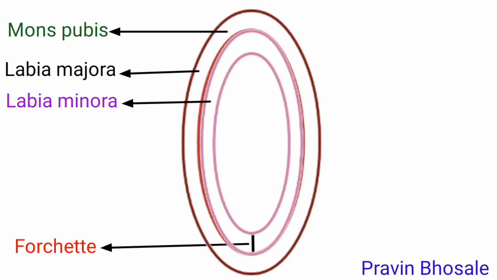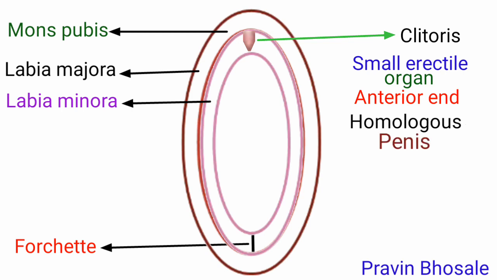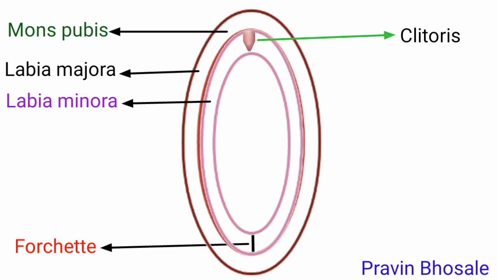Mons pubis: it is a fleshy elevation above the labia majora. Clitoris: it is a small erectile organ lying at the anterior end of the labia minora. It is homologous to the penis of males. It shows the presence of erectile tissues.